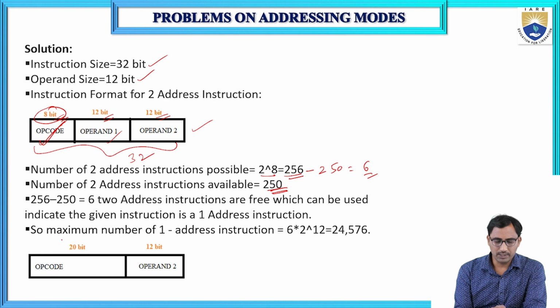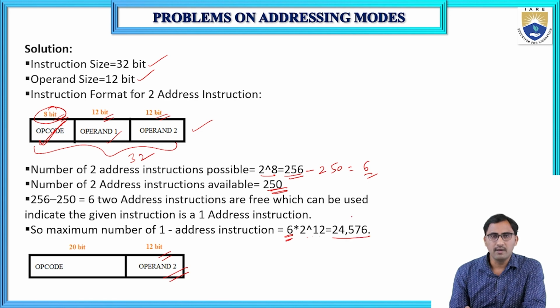So the maximum number of one address instructions is 6 into 2 power 12, because the operand size is 12 bits. That is equal to 24,576 one address instructions available.